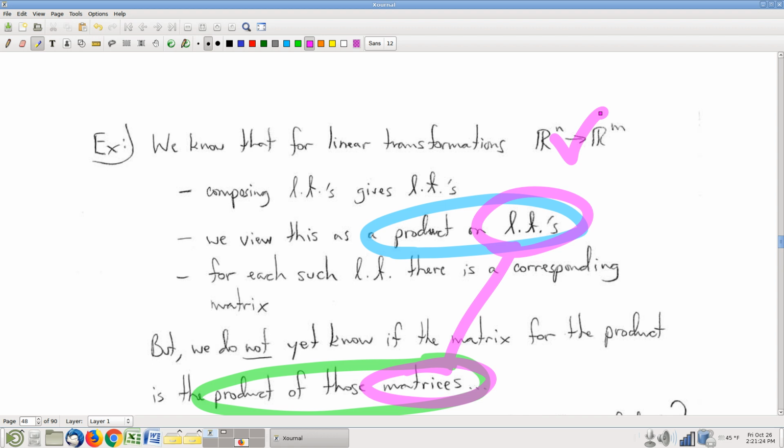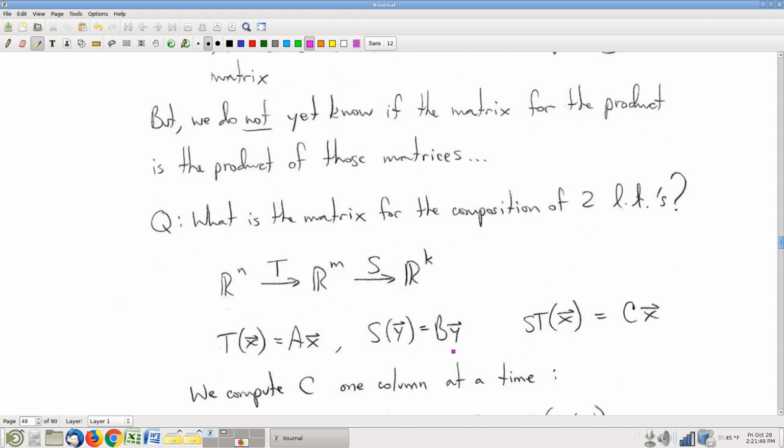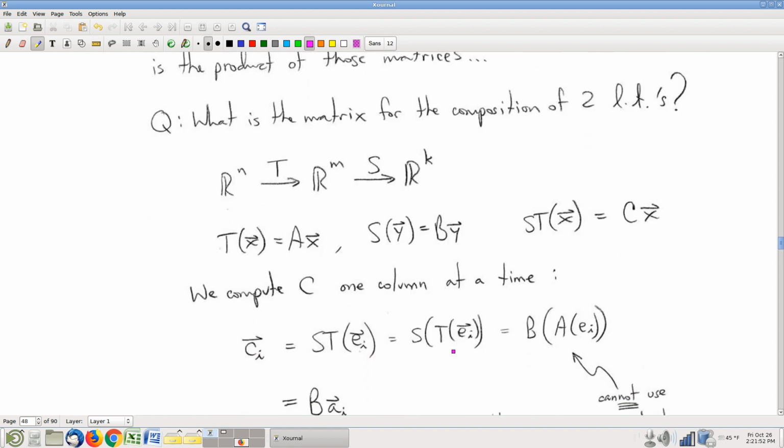In other words, if I multiply two linear transformations in the linear transformation sense, if I were to think of those linear transformations as matrices, would the matrices multiply in the matrix sense to give me the same result, or are they different? So, problem. Something to worry about for a few moments until we do this calculation to see that they're exactly the same thing.